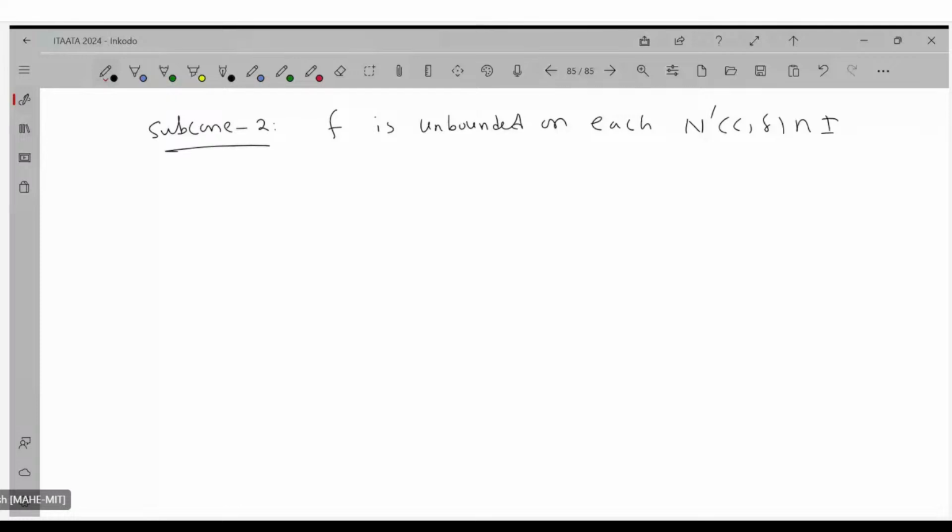Okay, so for each delta, f is unbounded on that deleted neighborhood of c.